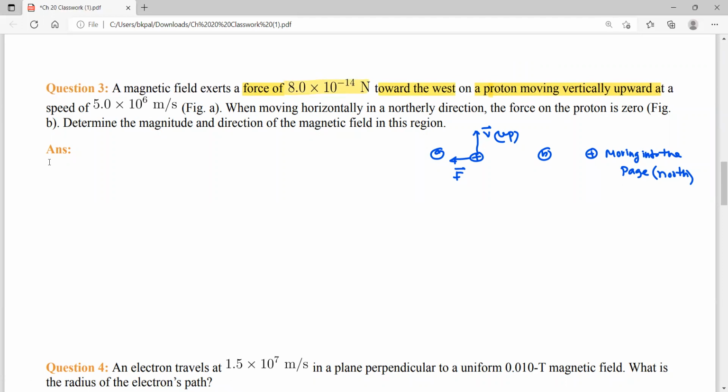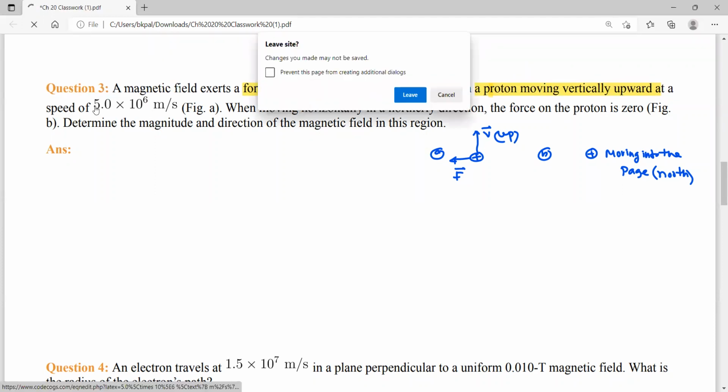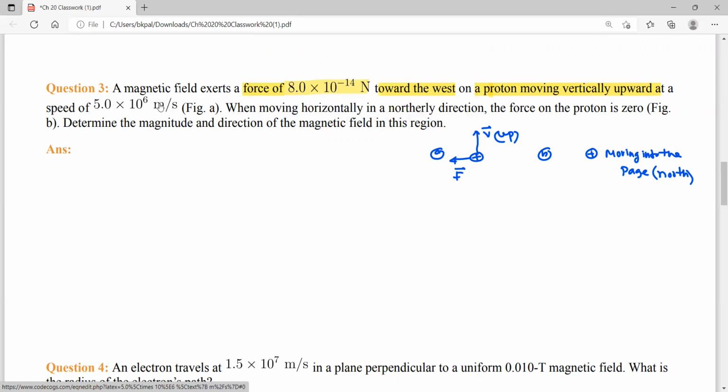And the speed is also given in this case. The magnitude of the speed is this one. And it also said that when it is moving horizontally in a northerly direction, that means figure B, the force on the proton is 0.